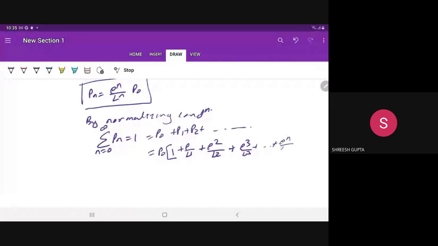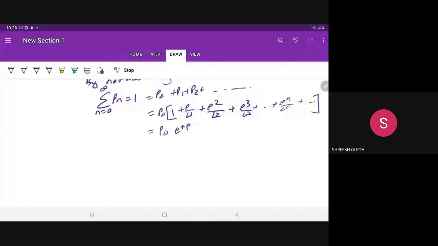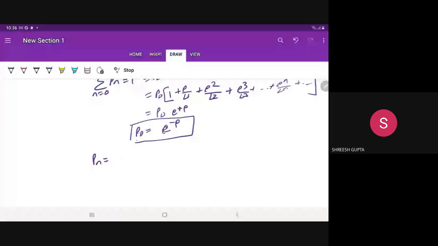That is the sum of e to power rho. So from here P naught will be e to power minus rho. From here the Pn will be rho to power n upon factorial n into e to power minus rho, for n is equal to 1, 2, 3 and so on.